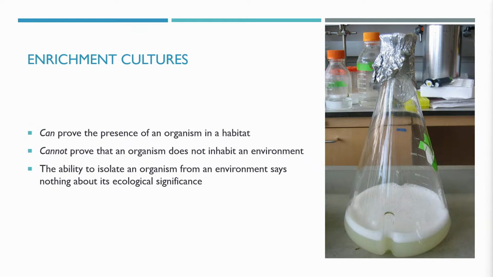And so by doing this, if it grows, you're technically proving the presence of that organism, but it doesn't necessarily prove that an organism doesn't inhabit an environment. And so being able to isolate an organism from an environment doesn't say anything about its ecological significance. This is just straightforward. I'm trying to enrich the growth of this. If it grows, I know that it's there and that's it. You can't really tell anything more about that, but it is a way for us to try to isolate certain things from different environments.